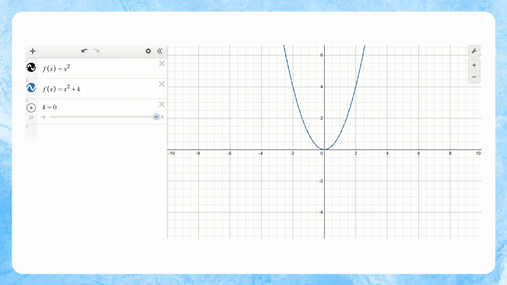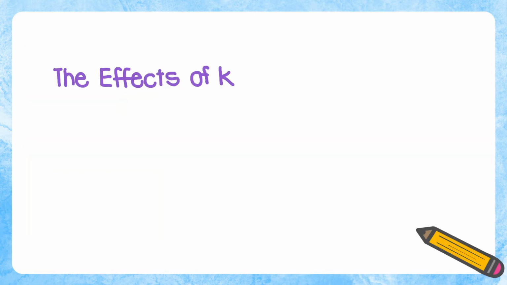And then let's see what happens as k becomes more negative. So what did you notice about the effects of k?